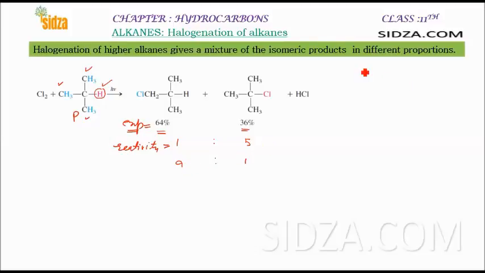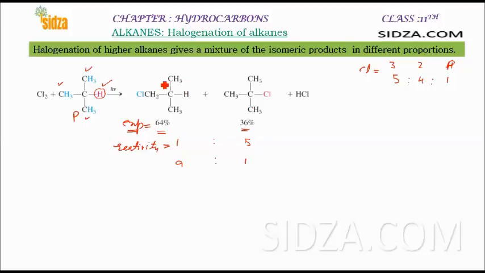Because we know that in chlorination of alkanes, the order for tertiary, secondary and primary hydrogen is 5:4:1. Therefore the expected ratio should be 1 primary and 5 times tertiary.